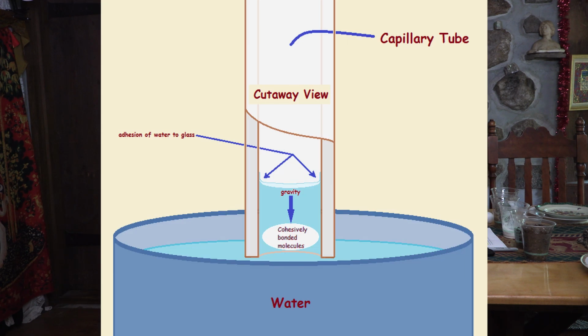The cohesion is, as the top molecules are pulled up, you have this sticking of the water molecules behind it, pulling that column of water up again until you have a balance between the upward pull and the downward pull of gravity. At the top of that water column, we will have the formation of the meniscus. And those of you who are familiar with your high school chemistry, it's that kind of concave structure at the top that is the boundary between the air and the top of that water column.